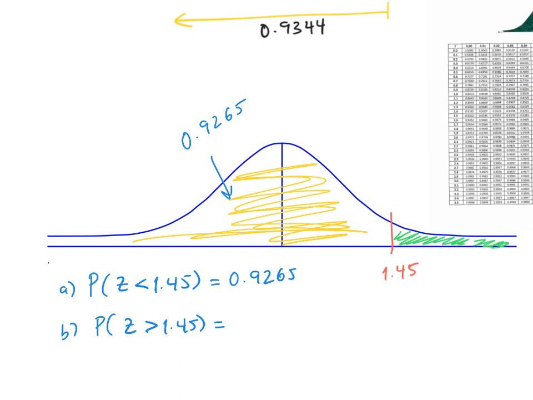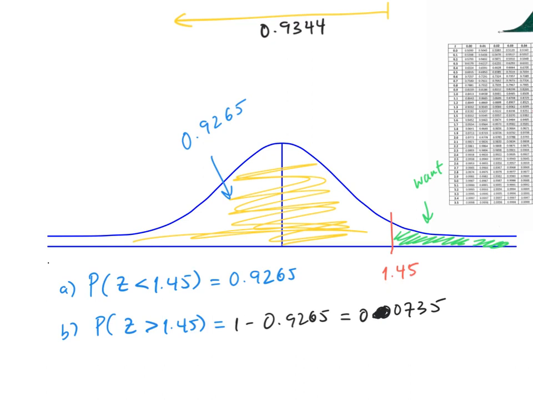So how do you find the green area? It will be 1 minus 0.9265, which is 0.0735. I think I have an extra zero here. So it should be like that. This is the decimal point, sorry. Is that okay?